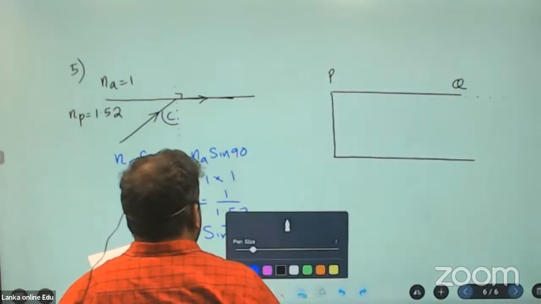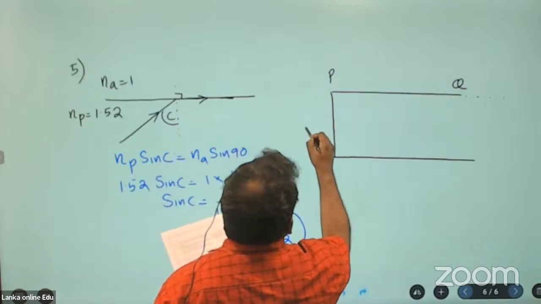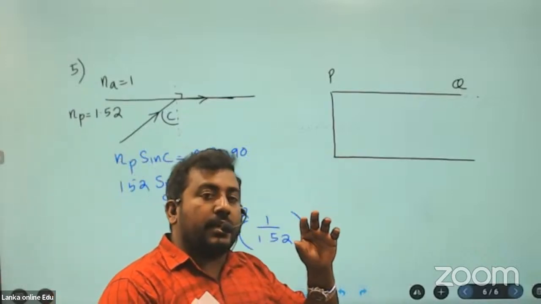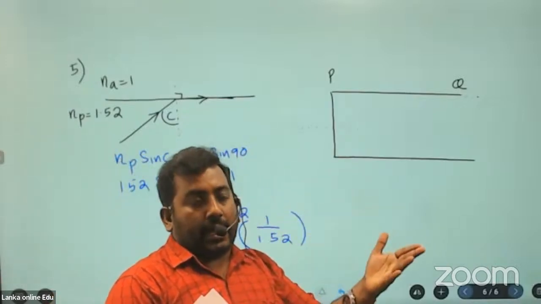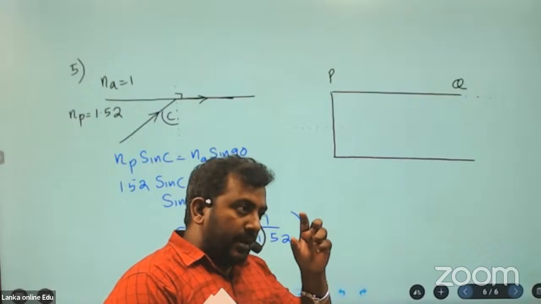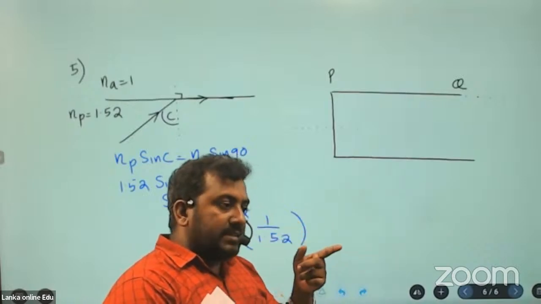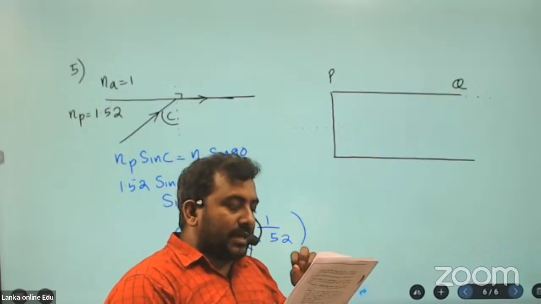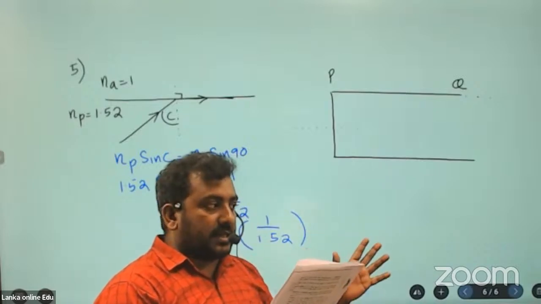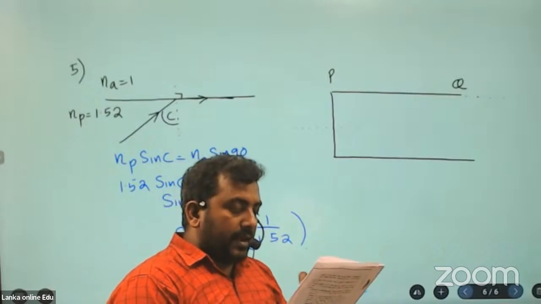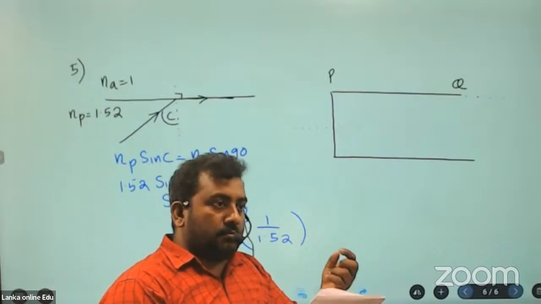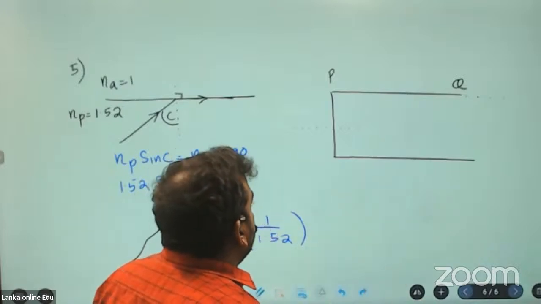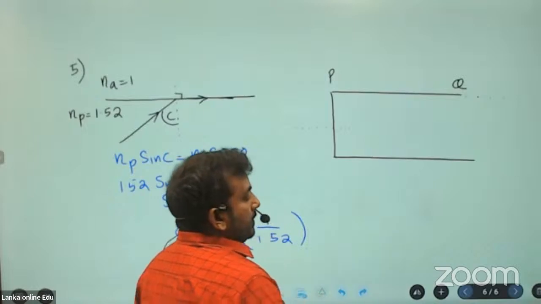I want you to focus on the words, for any angle of theta. That means the angle of incidence can change from 0 to 90. They are telling you in the question, don't consider theta equals 0. That means from theta just above 0 up to 90, for any angle, total internal reflection takes place.